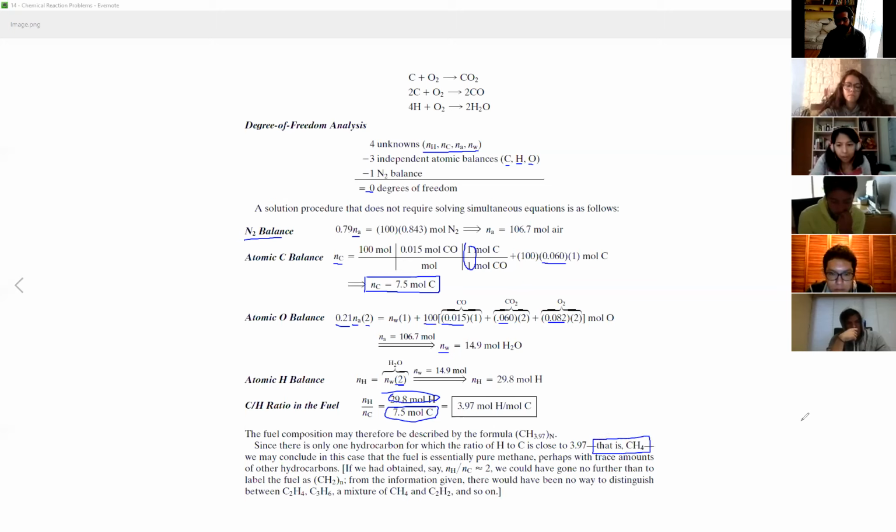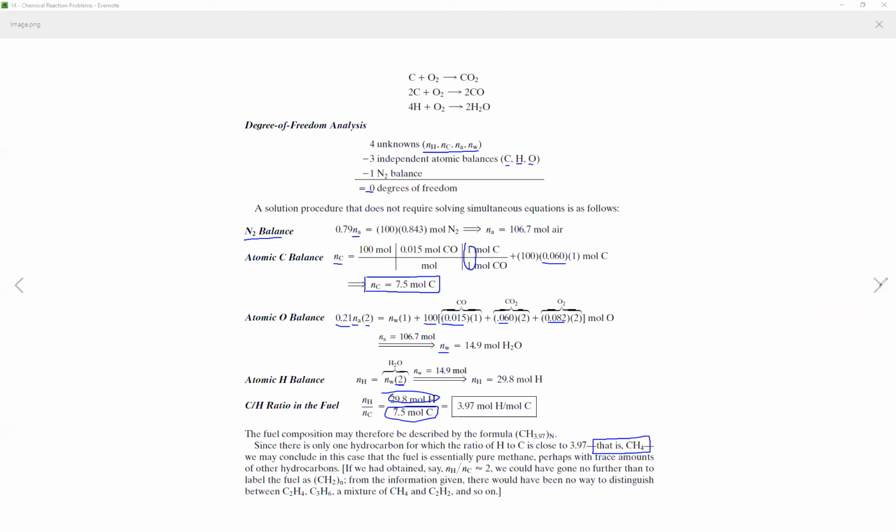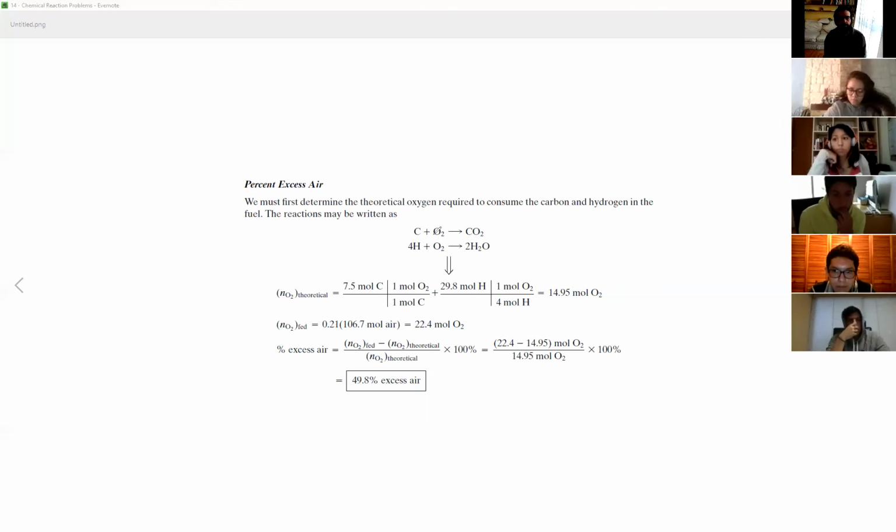Okay, and that's almost it. The only thing we're missing is the excess of oxygen. So for the percent of oxygen, of course, the theoretical oxygen depends on the reaction, the complete reaction of that fuel.